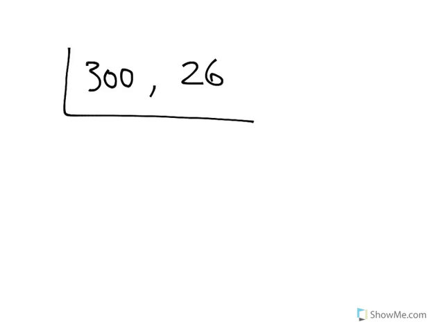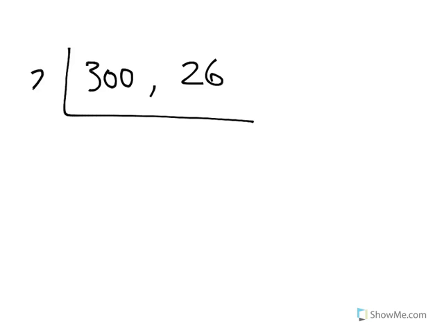So let's try another one here. Let's say instead we have the numbers 300 and, let's say, 26. Okay, so again, birthday cake model. What number goes into both of those?